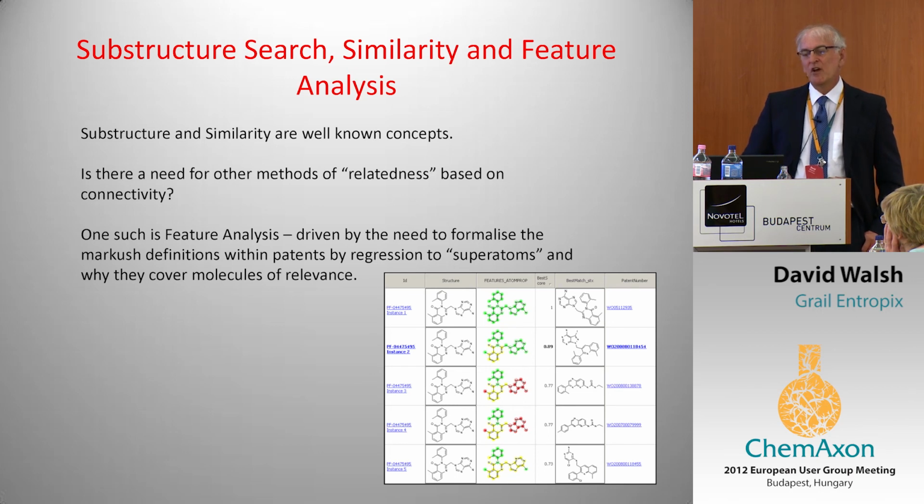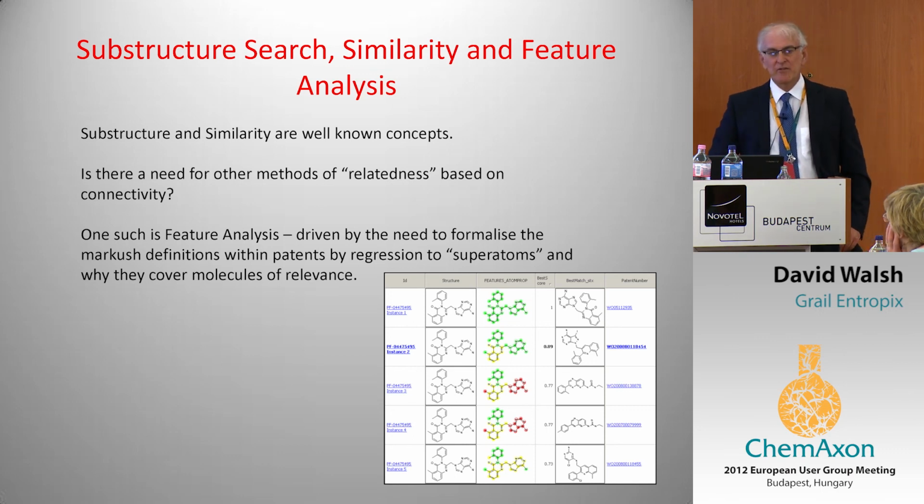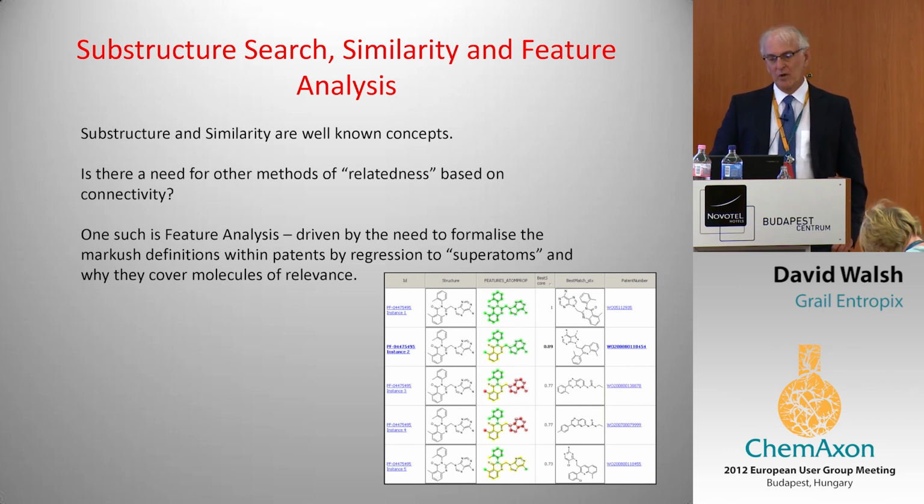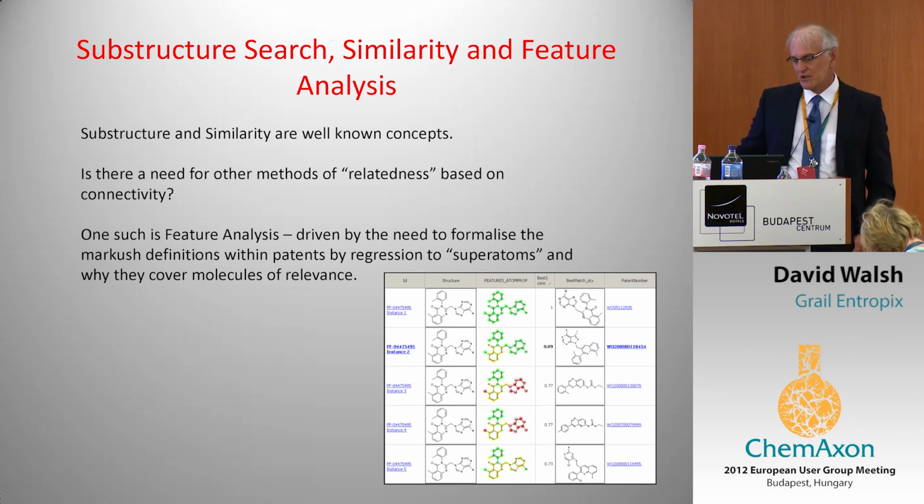What it originally started off as was a means to highlight why particular molecules actually fitted into Markush strings in patent documents. However, it seemed to have another functional utility, that it could describe similarity and connectedness of similarity in a different way from Tanimoto. So that additionally came out of the project.